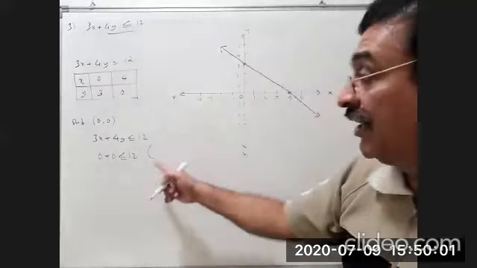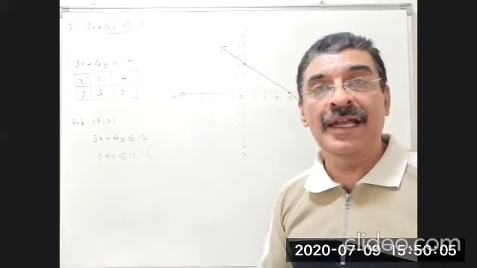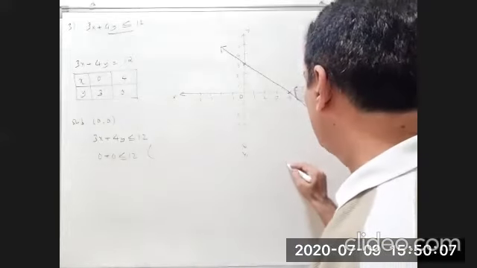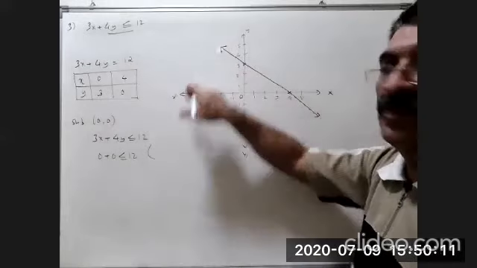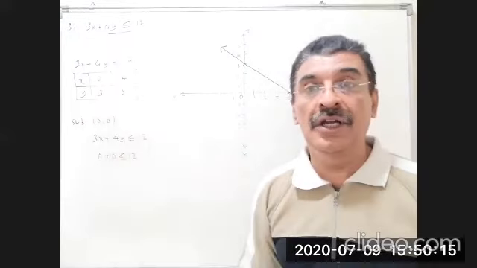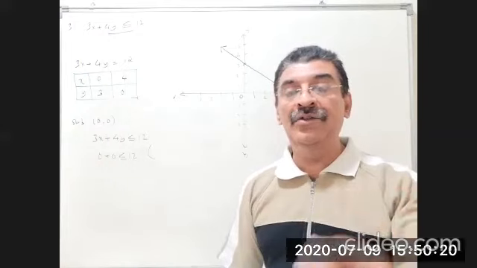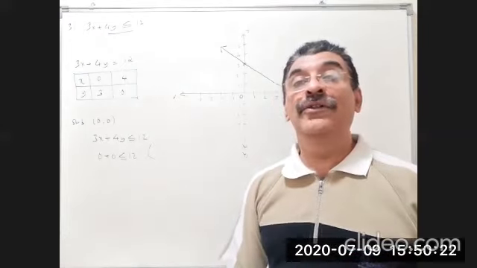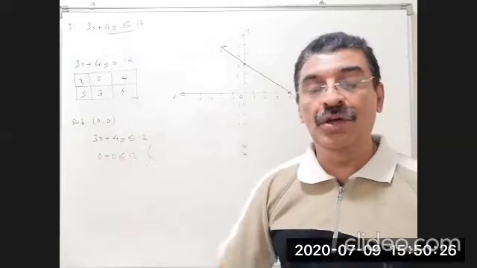Instead of substituting any coordinate, for example 5, 6 or minus 4, 2, we use 0, 0. You said false. 0 plus 0 less than or equal to 12.